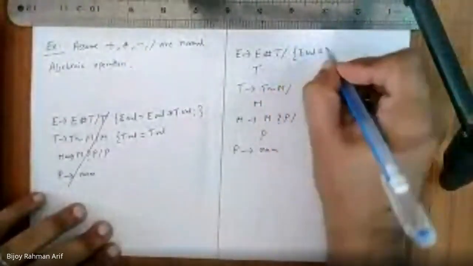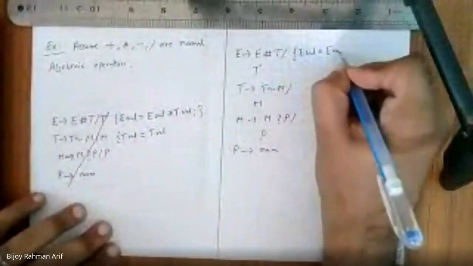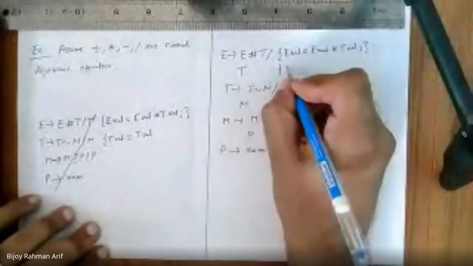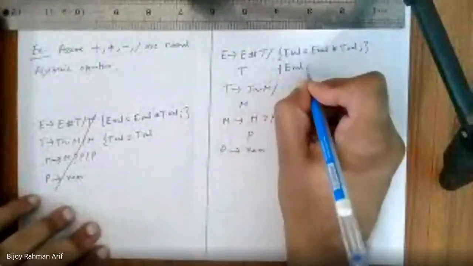Then what is the action? E dot val is E dot val star T dot val. E dot val is equal to T dot val.